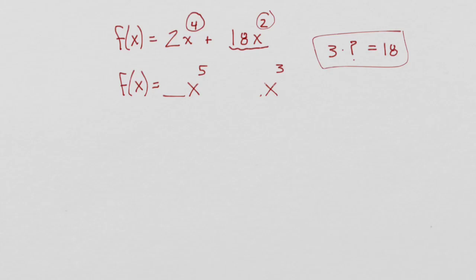So my coefficient is 6. This one's a little trickier because I'm going to end up with a decimal. Not so strange. I know that 5 multiplied by some constant coefficient is equal to 2, and when I solve this, I end up with 2/5. So let's make this 2/5.